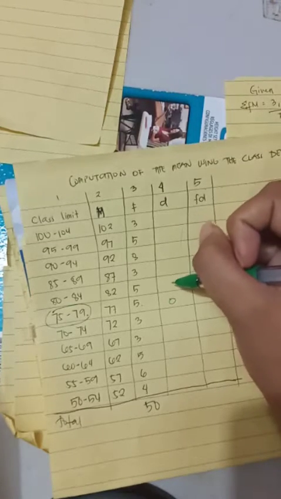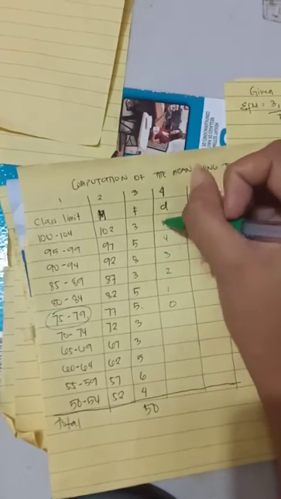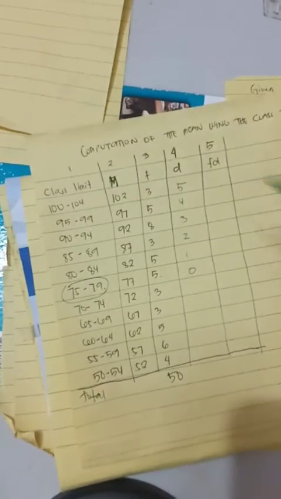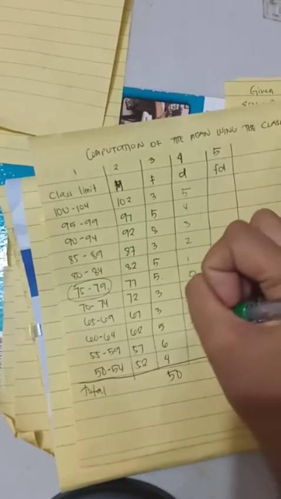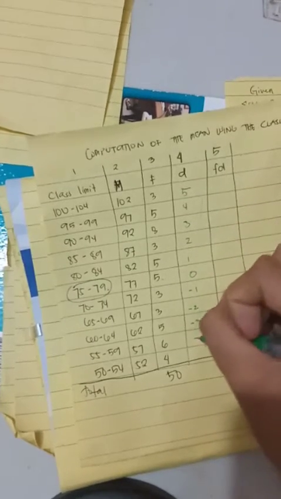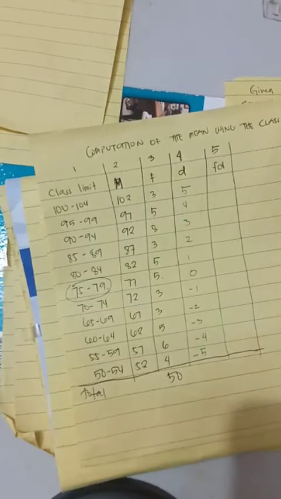Let's start from 1, 2, 3, 4, 5. And any number below 0 is negative. So negative 1, negative 2, negative 3, negative 4, and negative 5.